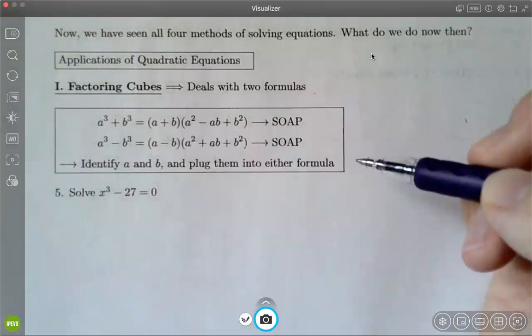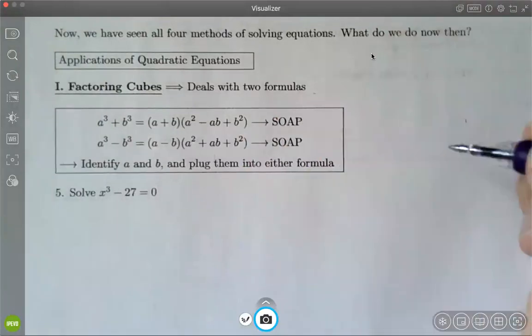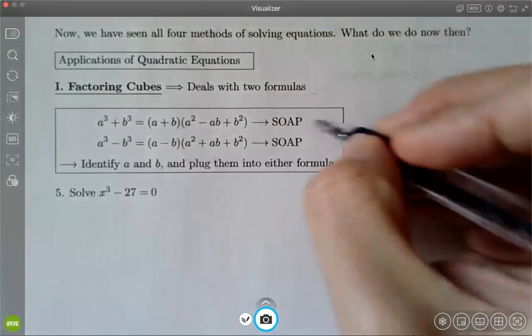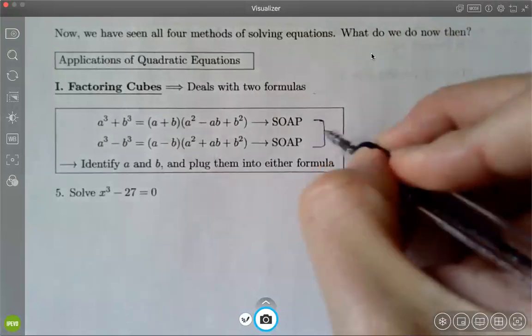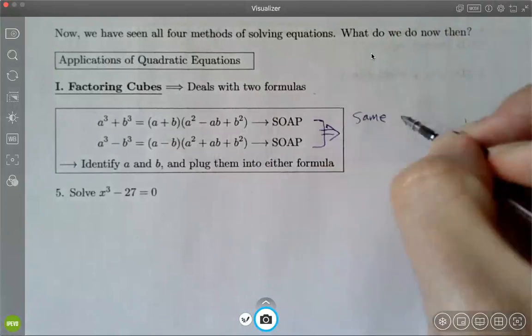So how do you tell which sign goes where? That's why I gave this soap. Apparently it's the time to be clean these days, but that's not the point of this soap. This soap means something. S stands for the same sign.